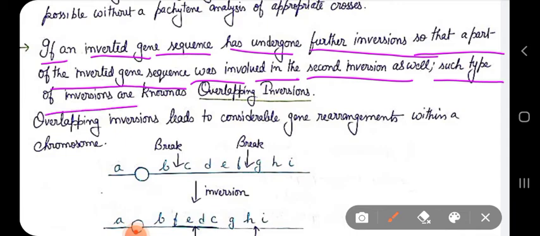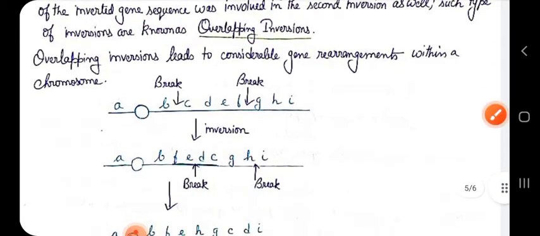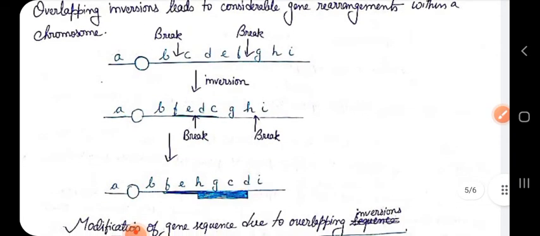This type of inversion is called overlapping inversion. If you see it diagrammatically, it is very easy to understand this definition. An inverted segment undergoes a second round of inversion that leads to an overlapping inversion. Let us see. So this is an overlapping inversion.